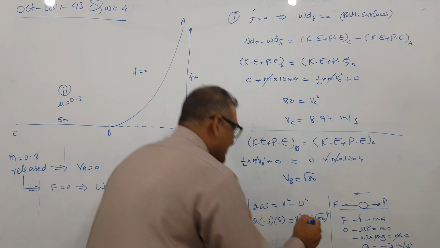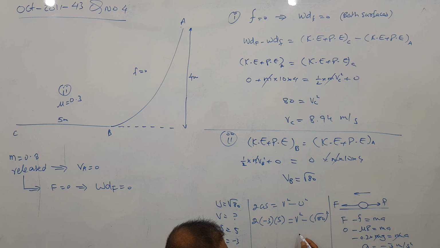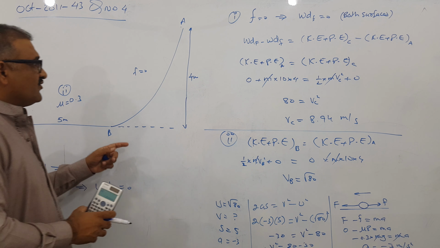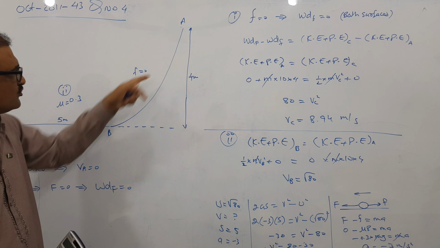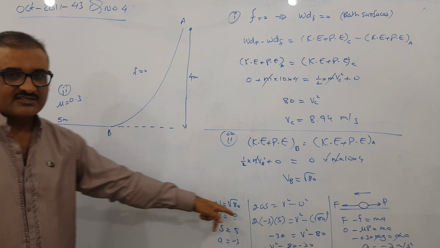Yes, we can get the answer: v squared is 80 minus 30, which is 50, so v is root 50, which is 7.07 meters per second. This is smooth for both, but in part 2 this section is rough. And that's it, question finished.